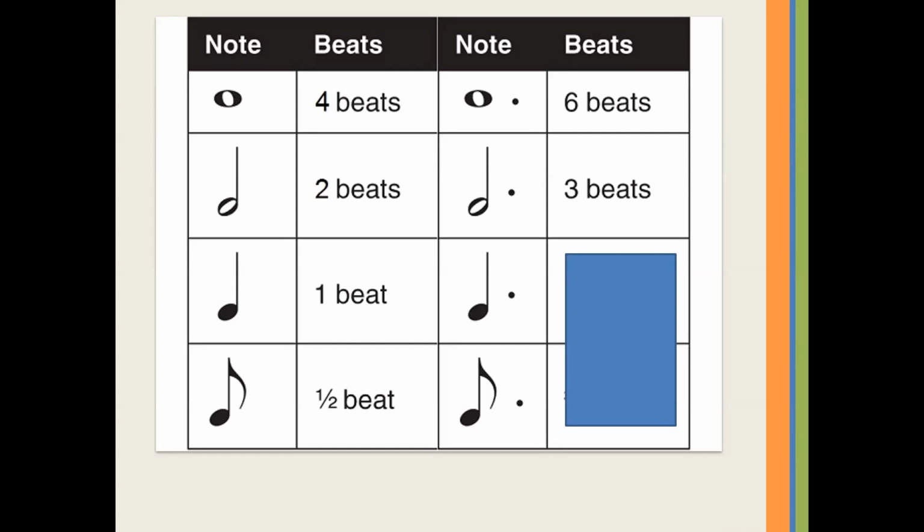For the dotted quaver, how many beats does it have? 1. No. Praise, do you know?